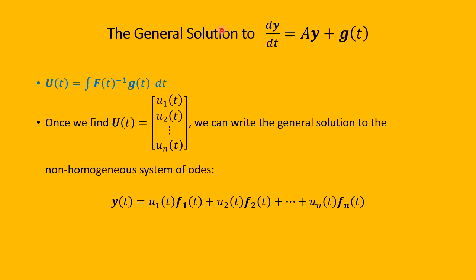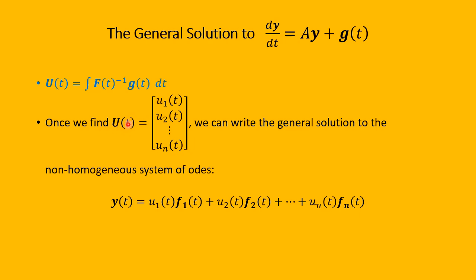So with this knowledge in hand, we can write down the general solution to this system of non-homogeneous linear equations. The derivative of y with respect to t equals a matrix A times y plus g of t. We just found that u of t is given by this integral.